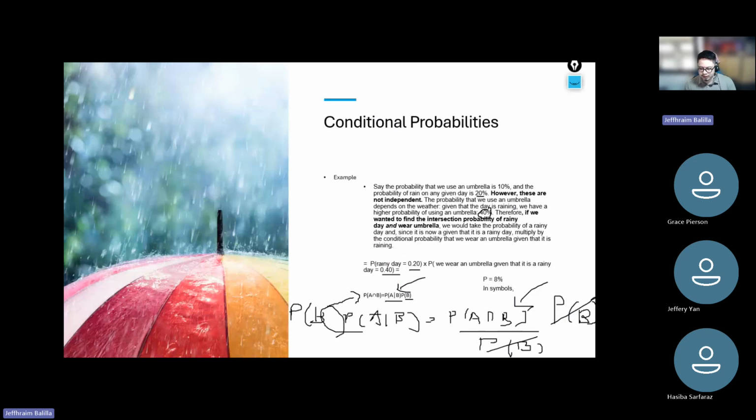Just algebraic manipulation to isolate the one that you're looking for and utilize the one that you know of. You know of A given B, you definitely know the probability of B, the marginal probability of B is given. So you're missing the intersection between a rainy day and wearing an umbrella. So of course you won't ask this type of question in your work, right? Unless again you're working as a teacher or you're a researcher on probability subjects.